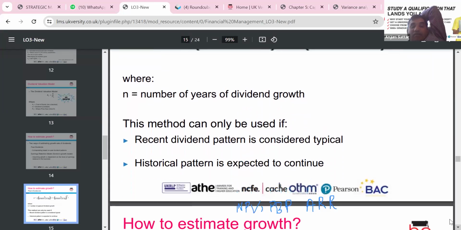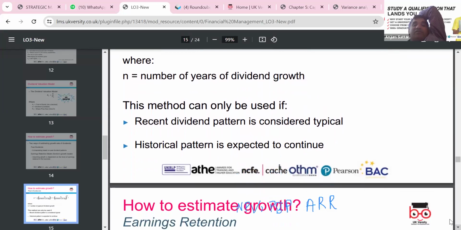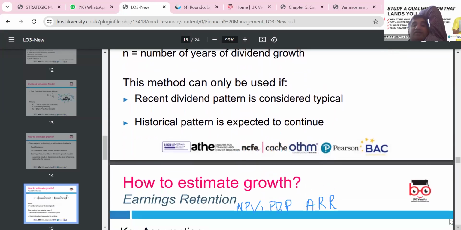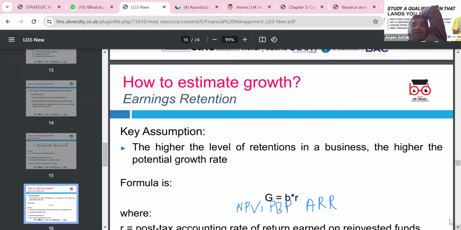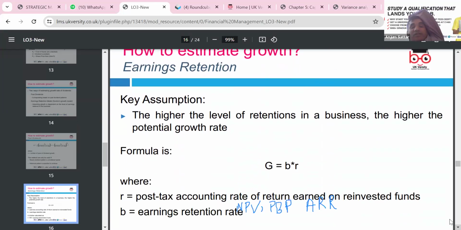The model can be used, and the recent dividend pattern is typically considered a historical pattern for the future, and we can estimate the earnings and retentions. A higher level of retention in the business means a higher level of potential growth rates.